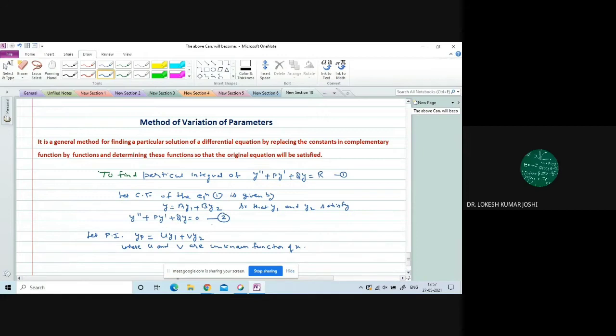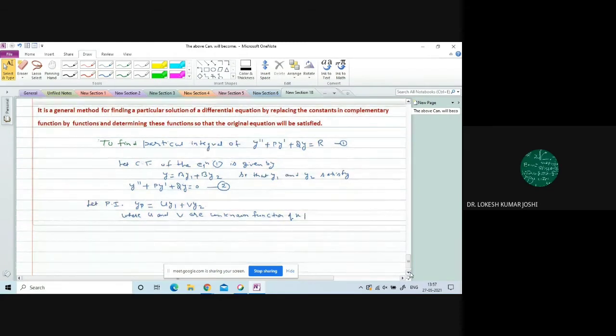What we did? We just replace these arbitrary constants by some unknown functions u and v. Now we find out u and v, and if we find out u and v, our particular integral is given by u into y1 plus v into y2. Say it is equation number 3.